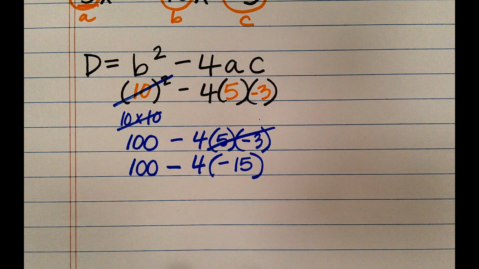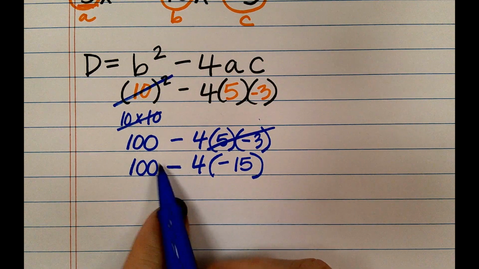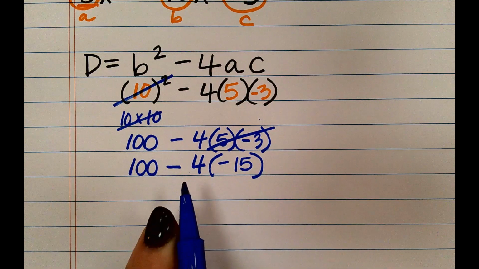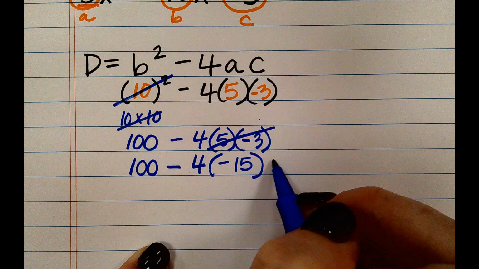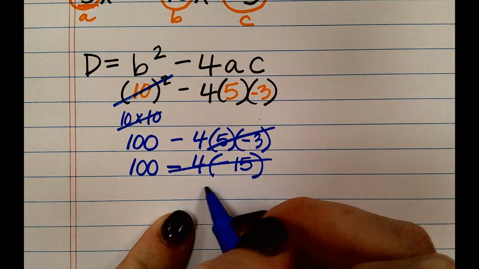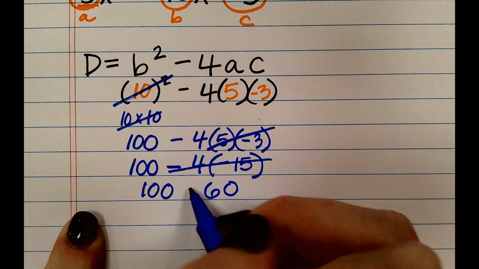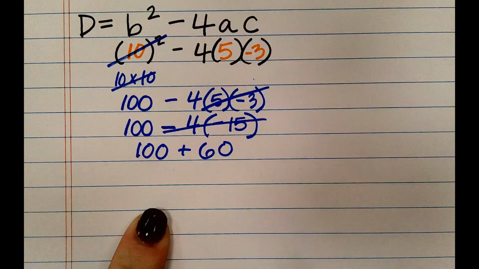Yes, the 2 negatives. You can really think of this as negative 4 times negative 15. Those 2 negatives become positive. So now we have 100, and you said 60? Yeah. 100 plus 60 is 160. Good.